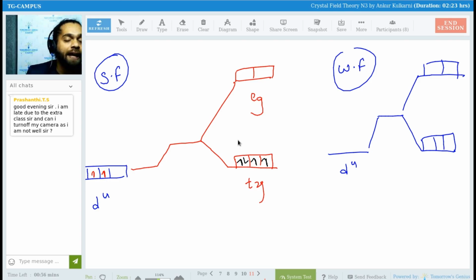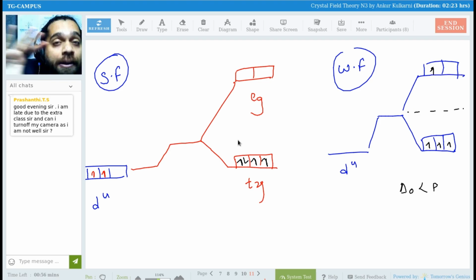But when you have a weak field ligand, 1, 2, 3. In the weak field ligand, we say that your delta O is less. The size of delta O is less than the pairing energy. So the 4th electron jumps on top because the difference between the t2g and eg is not that much.